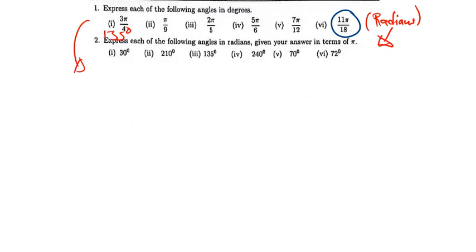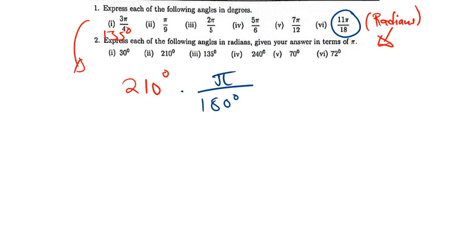Now let's do a bit of practice. 210 degrees: how do you convert that to radians? Try it out. We divide by 180 and multiply by the pi. Any common factors you can think of?